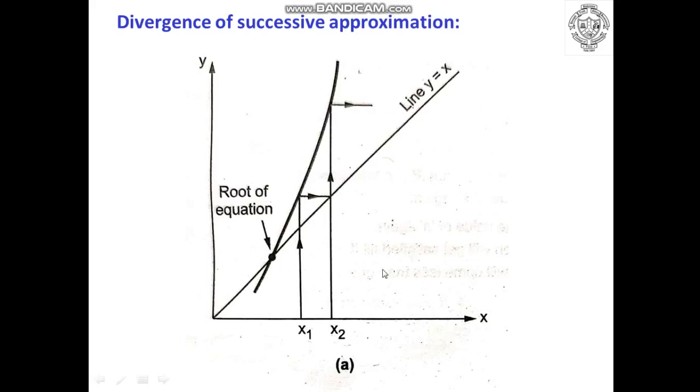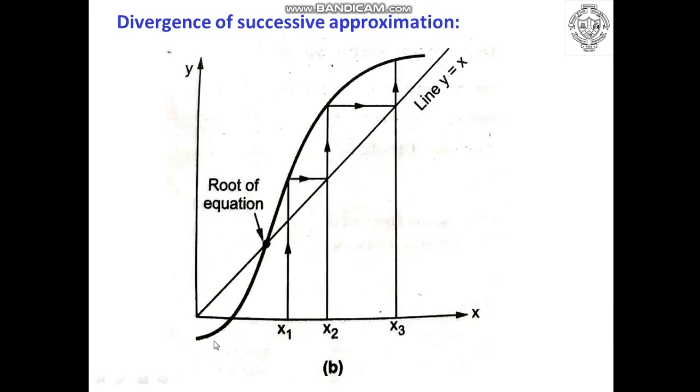You are moving away from the root. That is why it is called divergence of the successive approximation method if your initial guess x1 is wrong, because by following this particular procedure and path, you will never approach the exact root. That means you are diverging from the exact root.